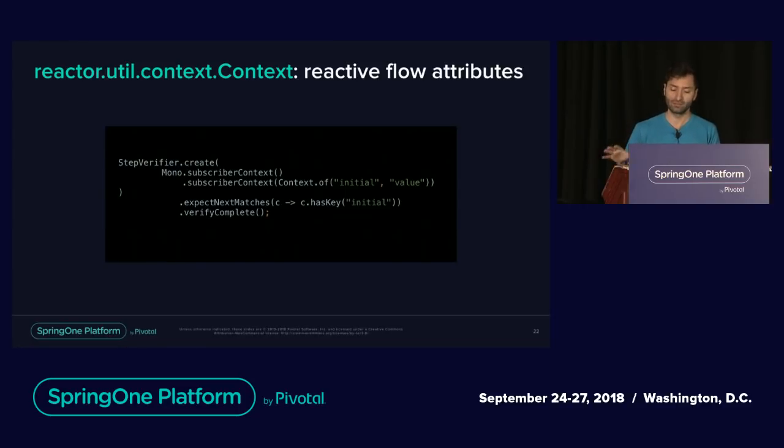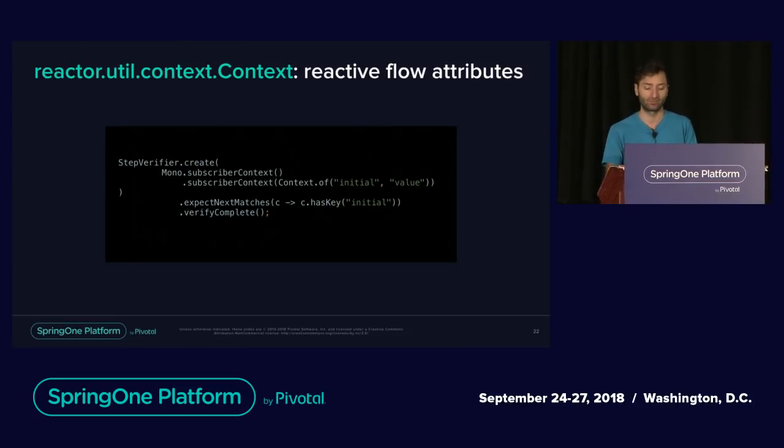And by the way, for people who are not familiar with Reactor, I'm using something called StepVerifier, which is a way to test reactive flows as well. Instead of having assertions like in JUnit, where you would start using AssertJ, for instance, and sequentially assert things, we have something called StepVerifier, where you register expectations about something that might happen in the future.